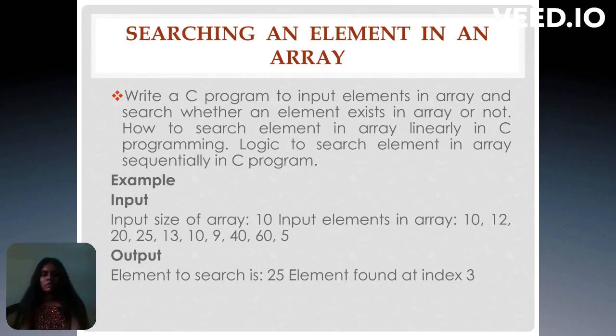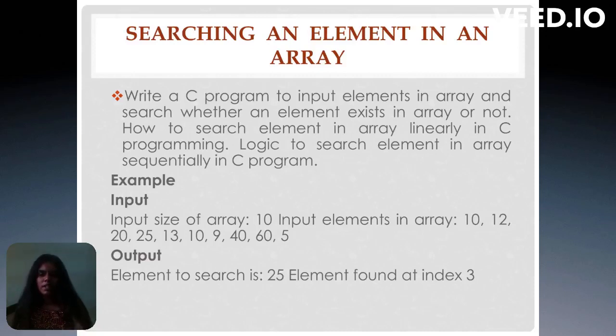The main topic is searching for an element in an array. We can write a C program to input the elements in an array and search for an element, and we can find out whether the element exists or not. Here is an example.